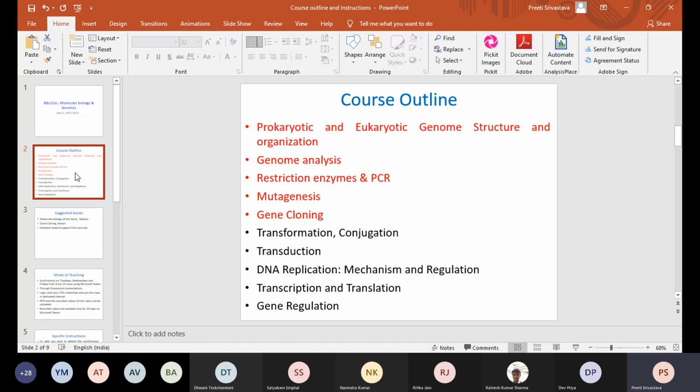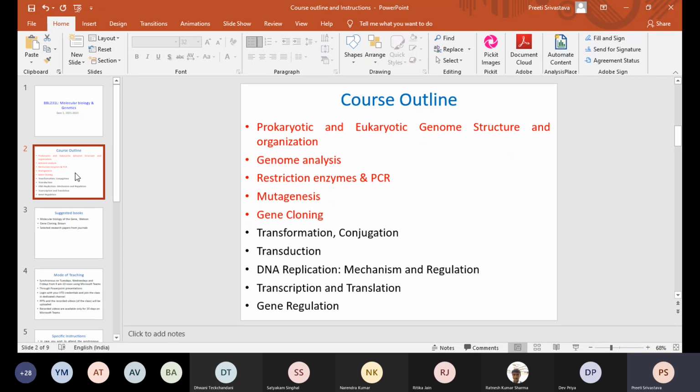If you have an unknown cell, how can we analyze how many chromosomes are there? What is the total genome? Then what is the ploidy, like whether you have one copy of the chromosome or multiple copies of the same chromosome, or they are all different. So how can we do this analysis?